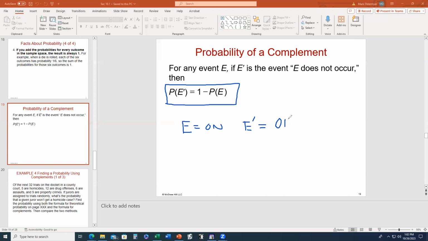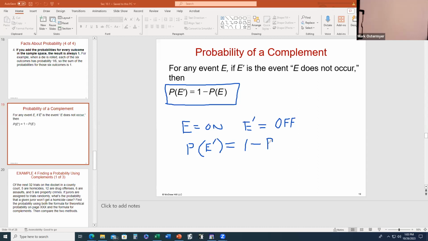Off. Okay, so if event E is the event that a light bulb is in the on state, then the complementary event, denoted as E prime, is the event that the light bulb would be in the off state. It's got to be one of these two. And therefore, the probability that a light bulb is off, ladies and gentlemen, would be equal to 1 minus the probability that the light bulb is on.